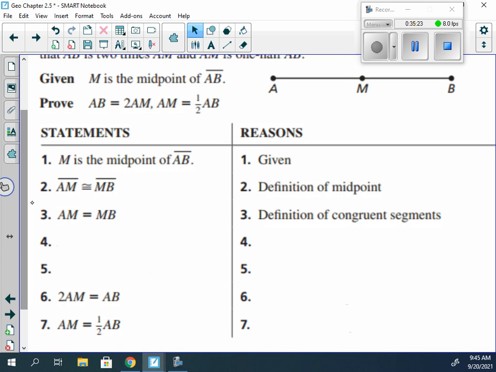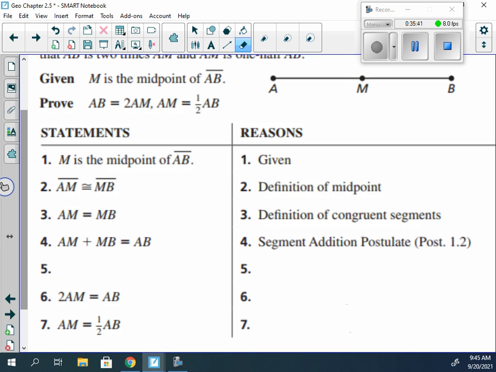But what do we know about A to B? The whole line. Yep. So I can say that AM plus MB is equal to AB. That's the segment addition postulate. Because I do know that's for certain.